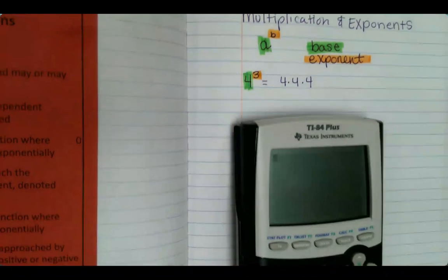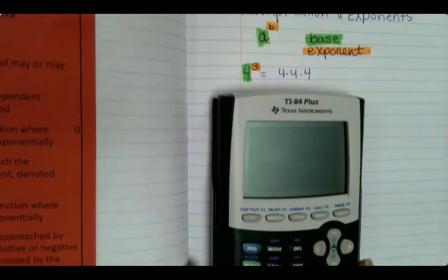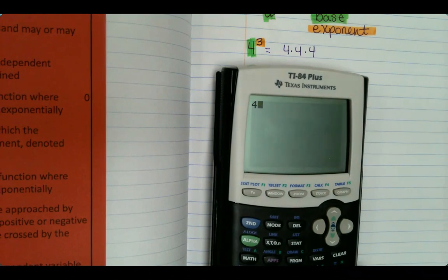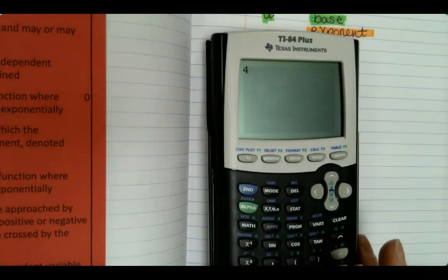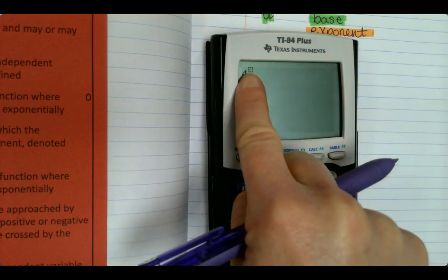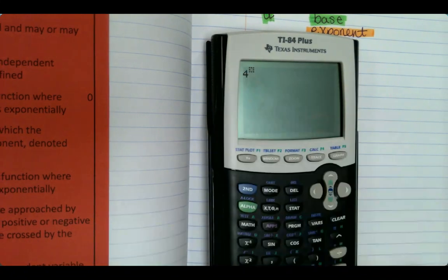Or we can actually do 4 to the third in the calculator. So let's review how to get 4 to the third in the calculator. We're going to do 4, and then right underneath the clear button is this little, what I call carrot top. You're going to do the carrot top and see how it takes it up to the exponent, and then put a 3 in there.